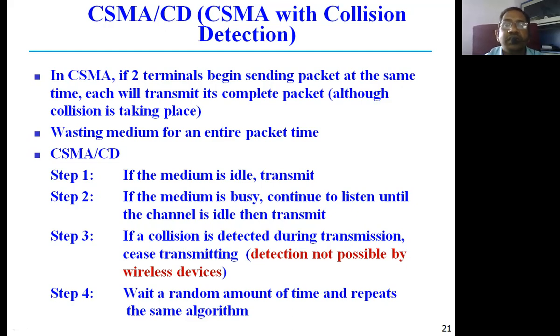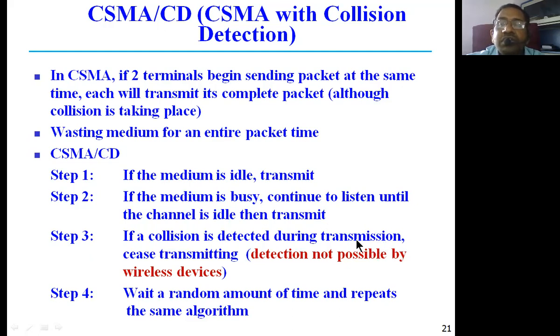Now if a collision occurs, sometimes, because of delay and all, the second mobile station may not listen to the signal on the shared resource. In that process, it may also transmit the data, and the collision is detected during transmission.